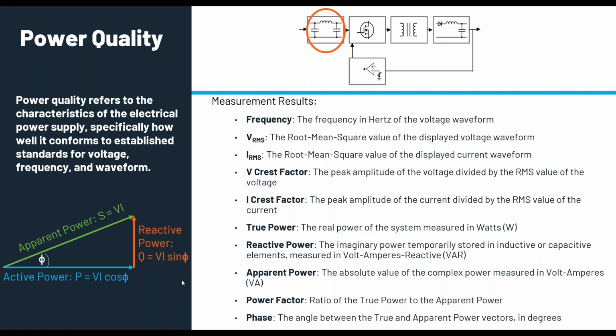And so we will actually do a power waveform calculation. So power is nothing but the simple multiplication of voltage and current. And since there are many inductive and capacitive components present in the input section, the current and voltage will not be in the same phase, and there'll be some phase difference between them, and that contributes to this power triangle.